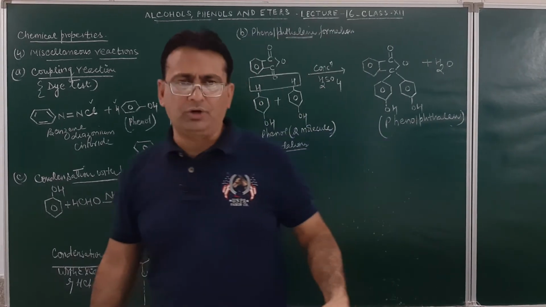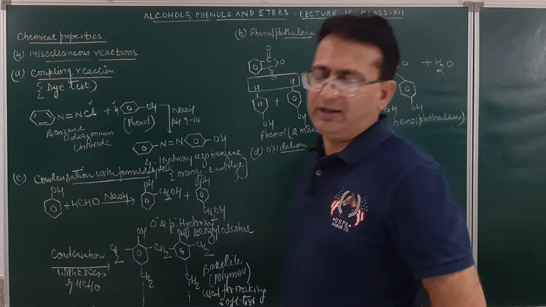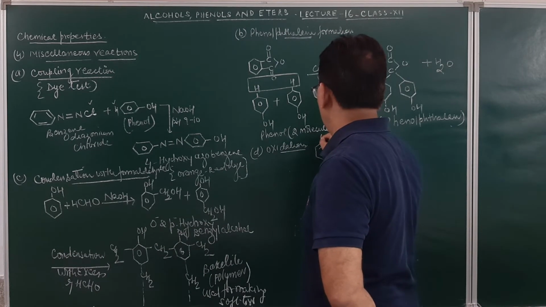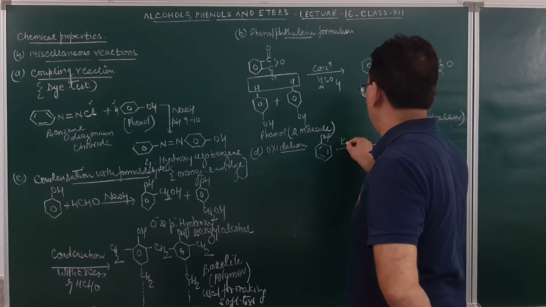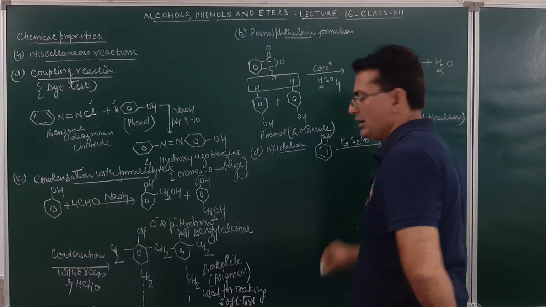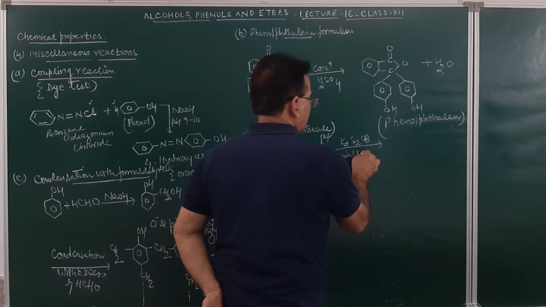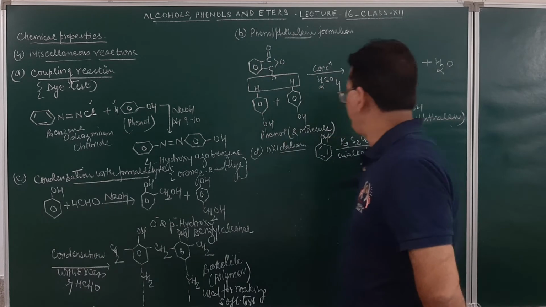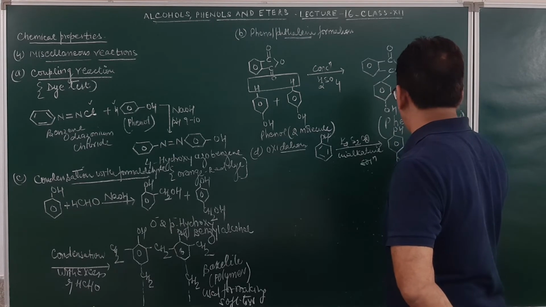Now, phenol on oxidation in presence of potassium persulfate, K2S2O8, in alkaline solution, will result in the formation of a quinol molecule. The product so obtained will be a quinol molecule.